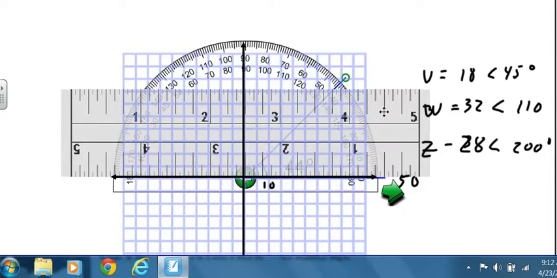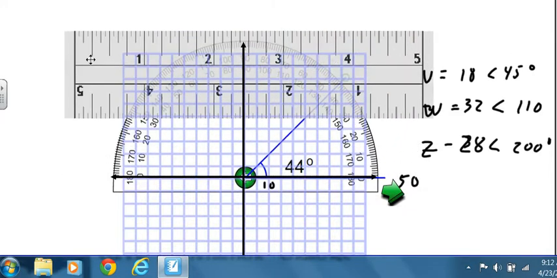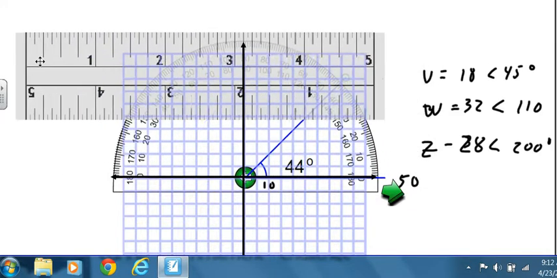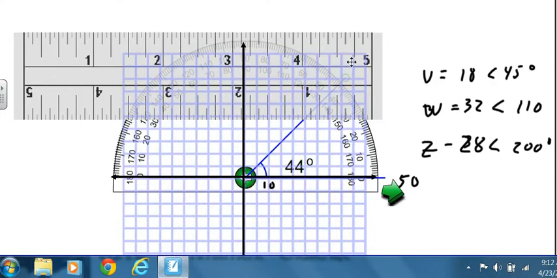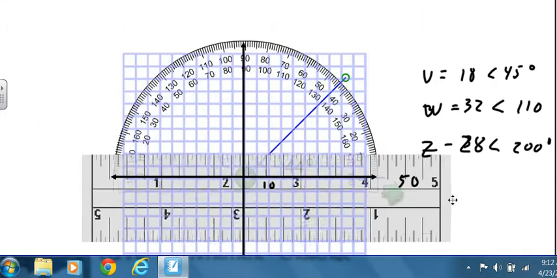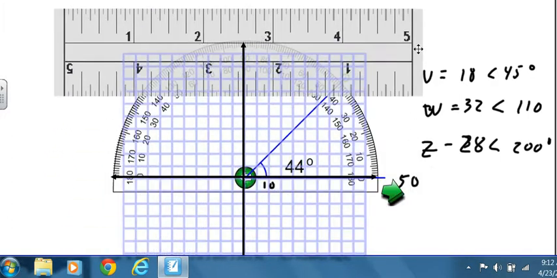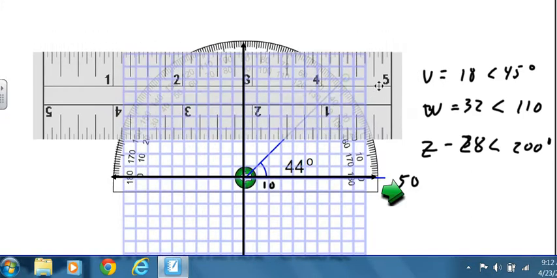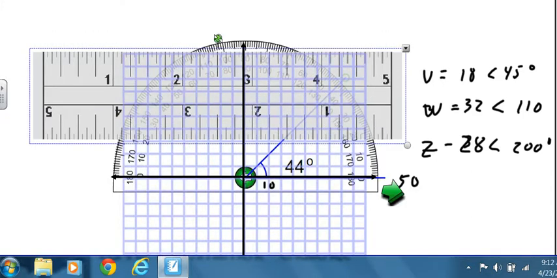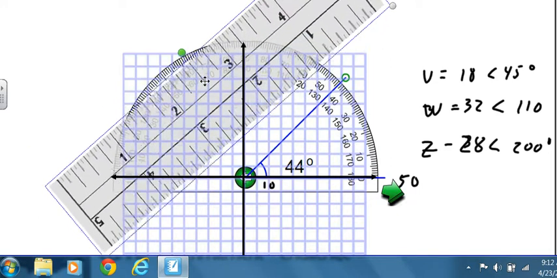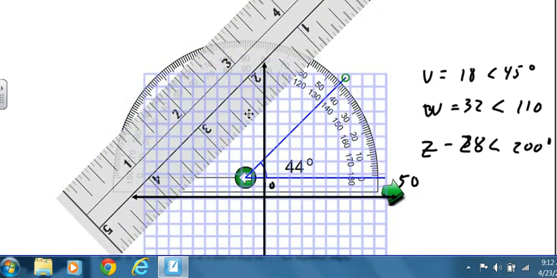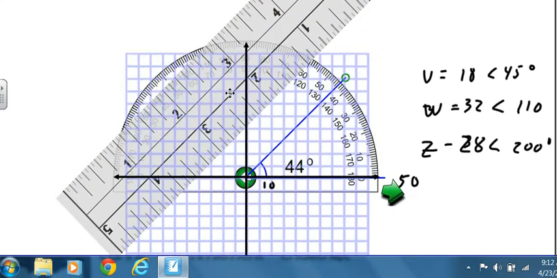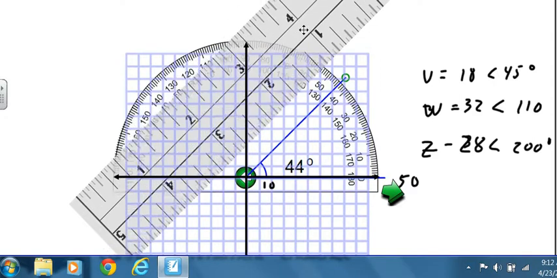Now, can I rotate my ruler? Why can't I rotate my ruler? Bummer. My ruler isn't rotating. Well, thank you, ruler. Oh, there we go. Now I'm rotating. Okay, so I'm going to rotate my ruler. I grabbed the wrong thing.